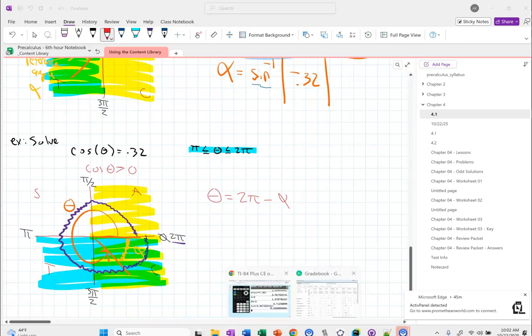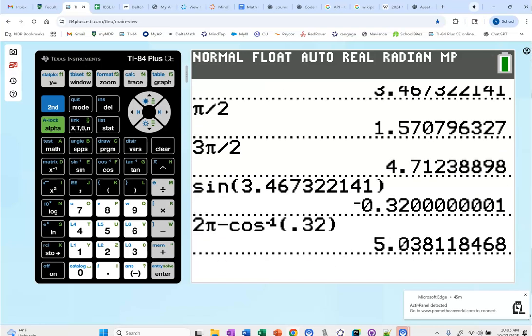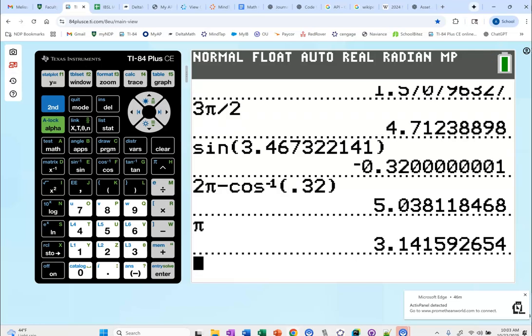So let's punch that through. So I have 2 pi minus cosine inverse, and then the absolute value of 0.32 is still 0.32. So my answer should be 503. I want to check if that's in between pi and 2 pi.